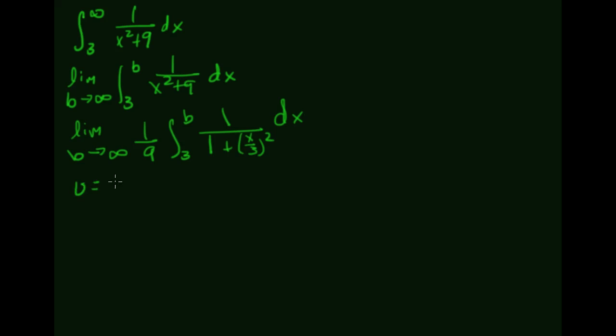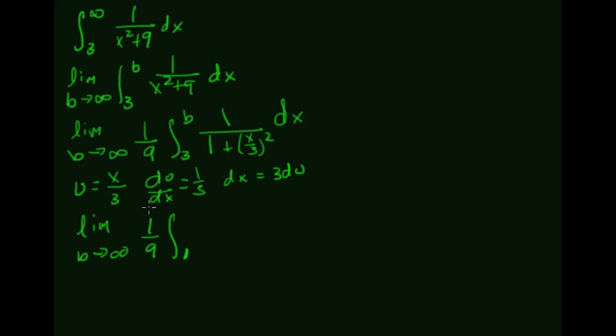I have to do a u substitution for x over 3. du dx is 1/3, which means dx is 3 du. So let's see, I get the limit as b approaches infinity. Let me write it out. It's 1/9. But the 3 becomes a 1.